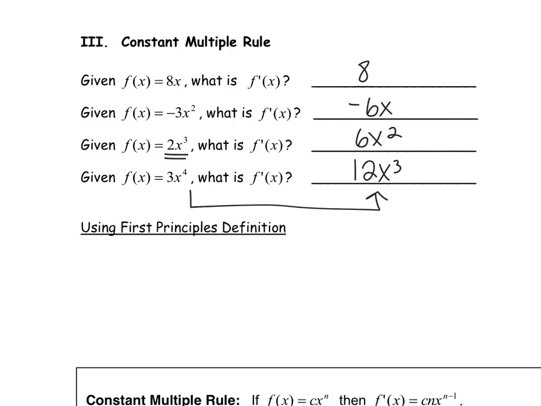Using first principles, we're going to assume f of x is equal to a constant times another function g of x.